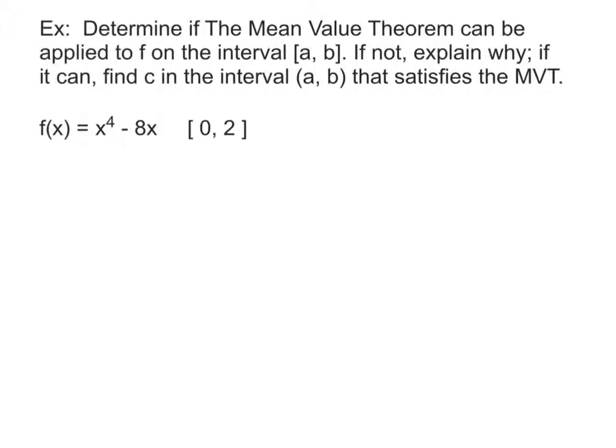So again, we've got to make sure of a couple things first. Pause if you need to. But we need to first figure out, is it continuous? Is it differentiable?